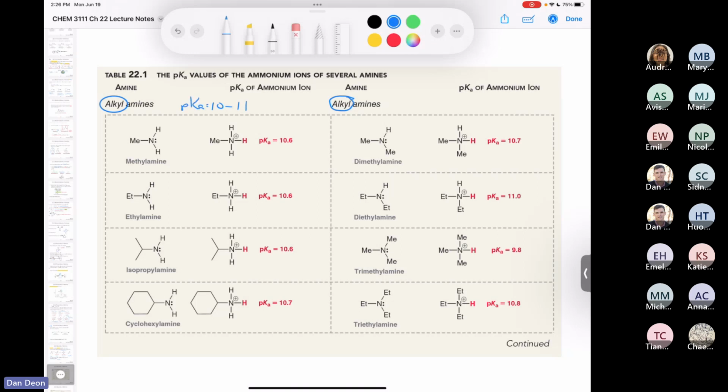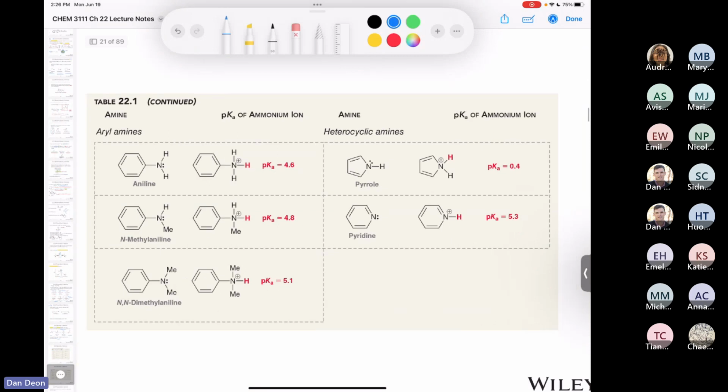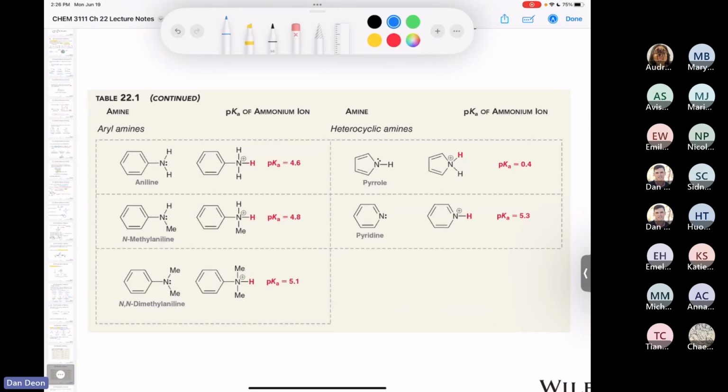Now, what do we know about pKa? We know that the weaker the acid, the stronger its conjugate base. Therefore, the stronger the acid, the weaker its conjugate base. And if we look at the pKa of protonated arylamine, so protonated aniline derivatives, so we would call this an anilinium ion, you can see that their pKa's are much lower.